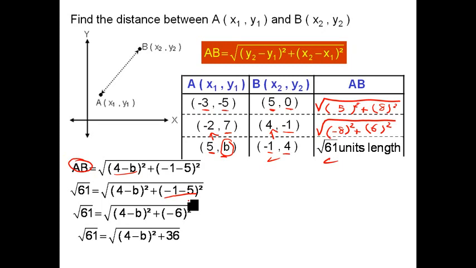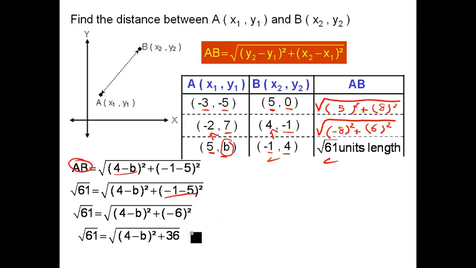The most common mistake that we see in the exams is that students move root 36 to the other side. But we can't do that because we have a square root here and a square root there. So we have to remember an operation that cancels this square root. Do you know what the operation is?